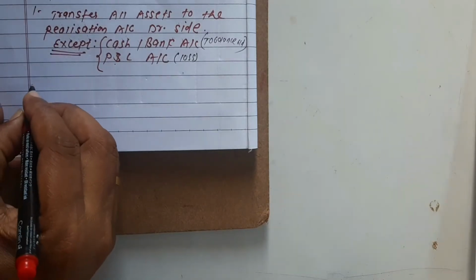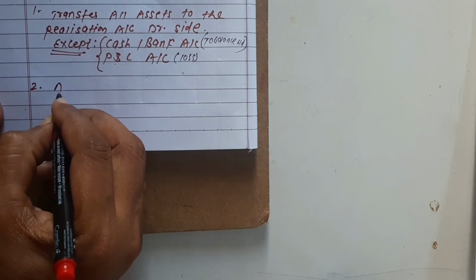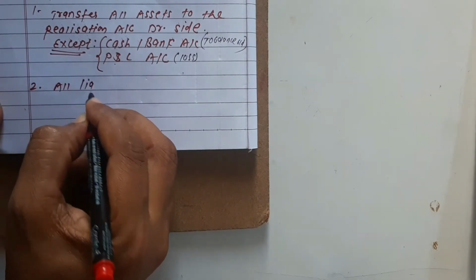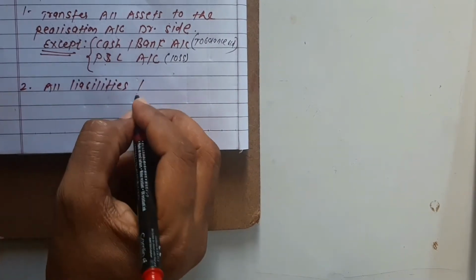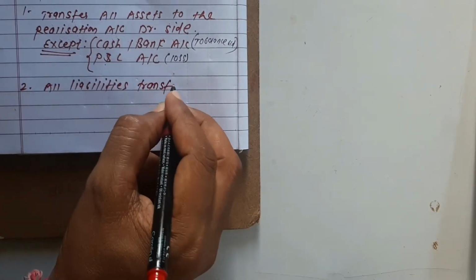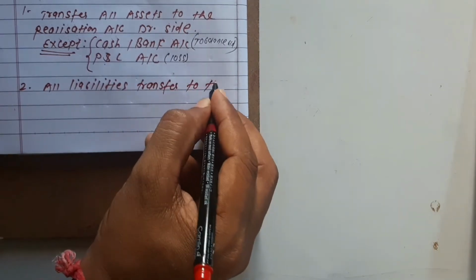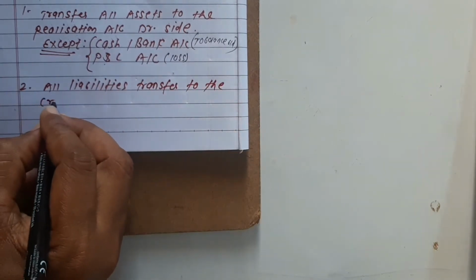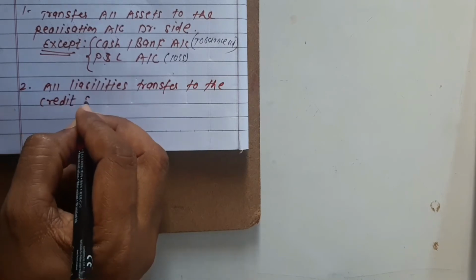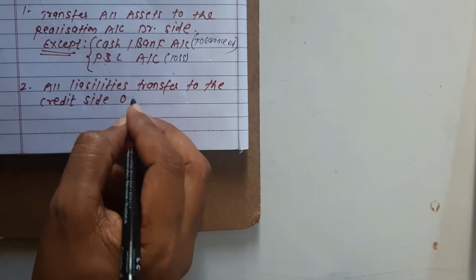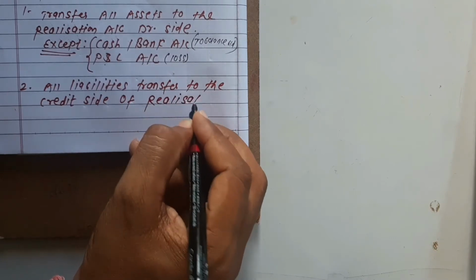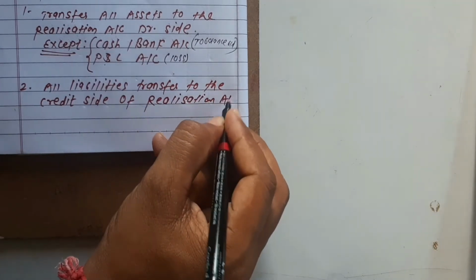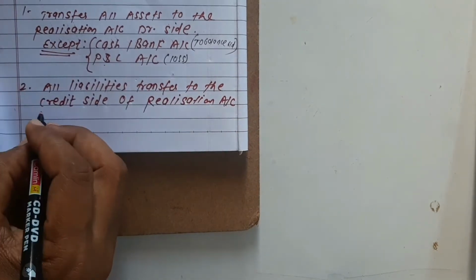Now number 2, here all liabilities are transferred to the credit side of realization account, and except what?